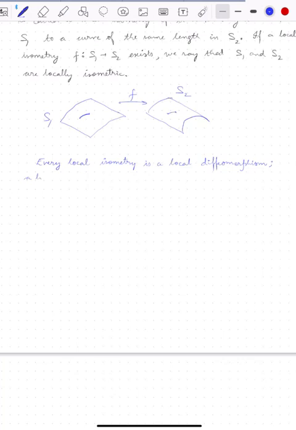And the local isometry that is a diffeomorphism is called an isometry.